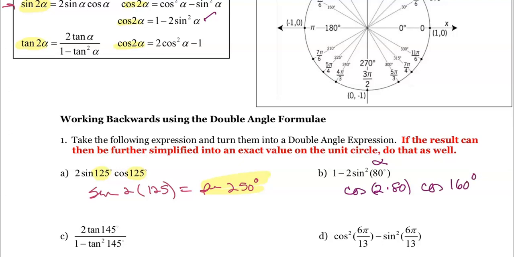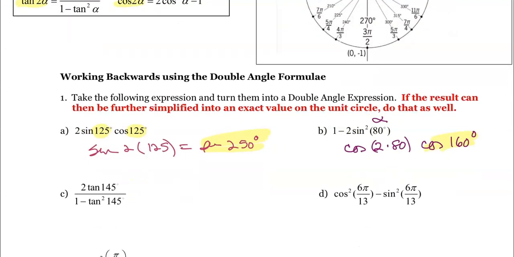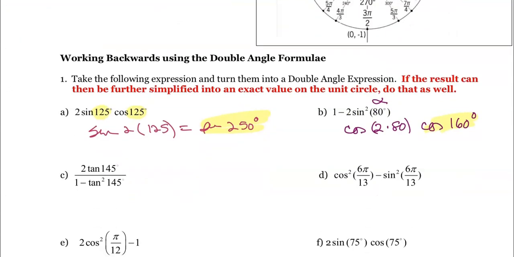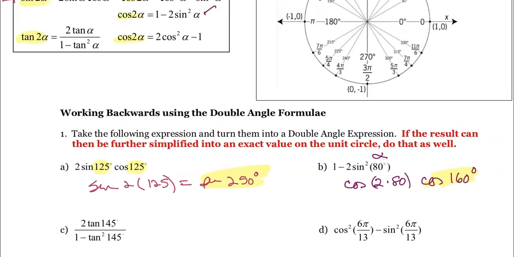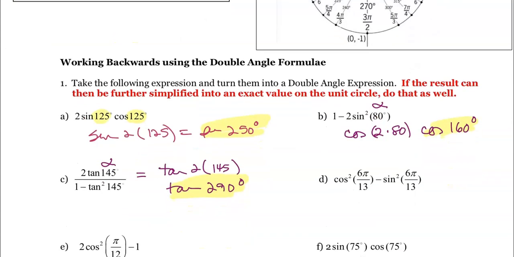Also not a unit circle angle, so we are done at this point. Moving on, this clearly has to be the tan because we only have one tan formula, and this is it. This is your alpha, so this equals tan of 2 times 145, which is tan of 290, also not a unit circle value or angle, so we're done at that point.